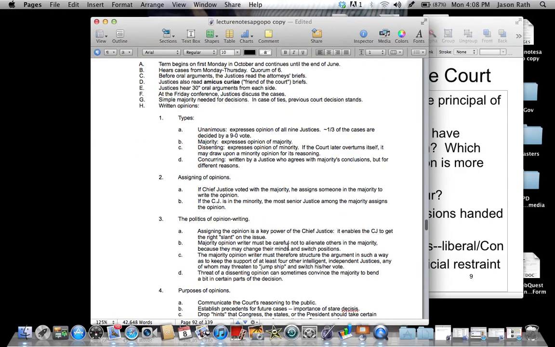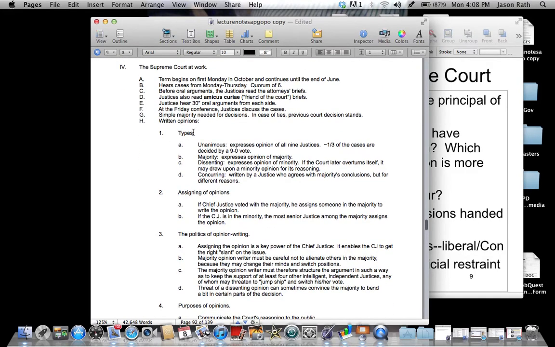Let's talk about when they hand down a decision. There are 4 different types of decisions. You have a unanimous decision, which expresses the opinion of all 9 justices. A third of the cases are decided by 9-0 votes. You have a majority, which expresses the opinion of the majority. This could be 5-4 or 6-3.